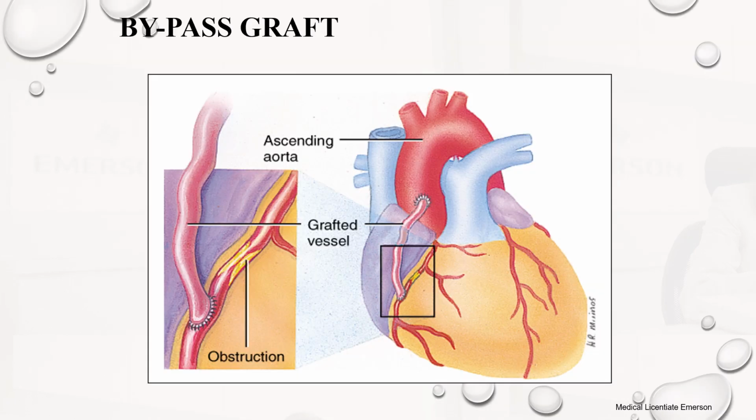Then some procedures that can be done in surgery on the heart. We can do a bypass, where they graft blood directly from the ascending aorta into the coronary artery if there is a blockage or obstruction in the coronary arteries. So we can bypass them.